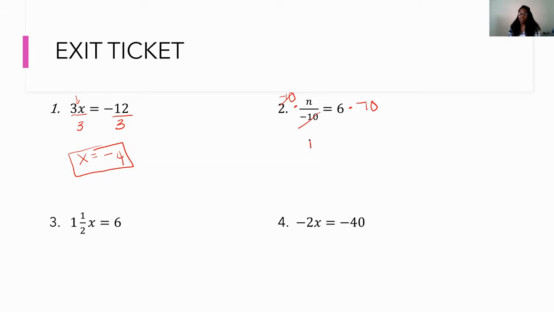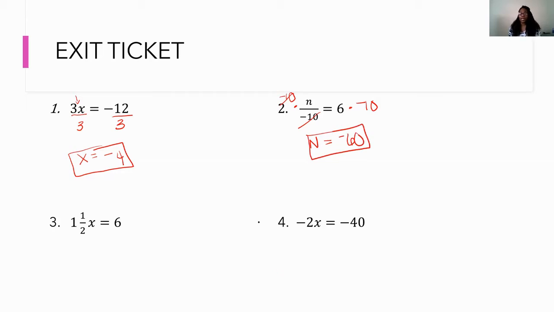And what's left is n. So you can say 1n, or you can just say n, because both of them are equivalent. So now you have 6 times negative 10. A positive multiplied by a negative gives me a negative, and then 6 times 10 gives me 60.